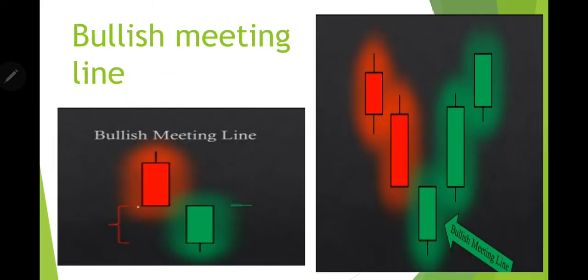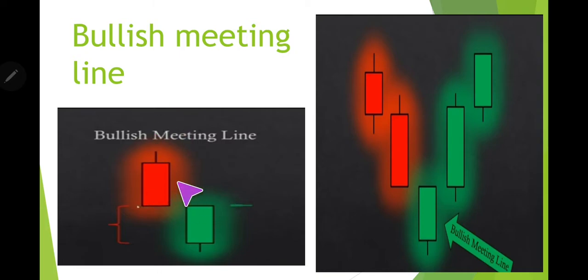Meeting line, you can imagine in the middle of or towards the end of a downtrend like this, the candle appears there, which doesn't pierce like in the case of a piercing line. But this one meets the bearish candle head on, meets it face to face without breaking the line that was formed by the low of the bearish candle.